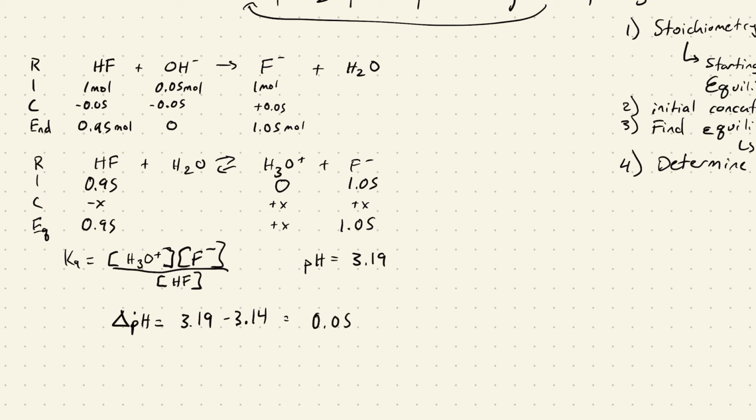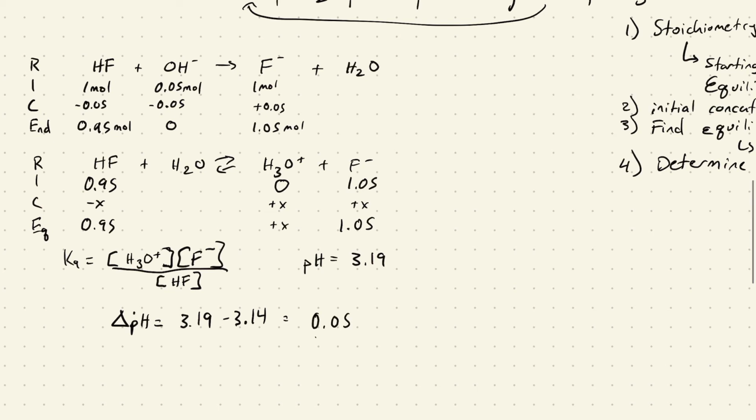So the other ones were 0.38 if I just had the weak acid, and then 5.7 if I have no weak acid in there. Okay, this is how buffered solutions work.